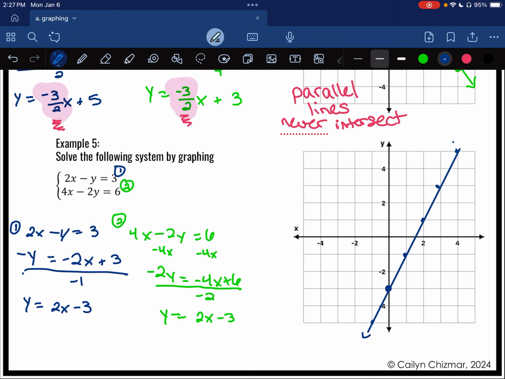And my other equation, they didn't start out looking the same, right, like these guys in the system don't look the same, but they ended up being the same line.